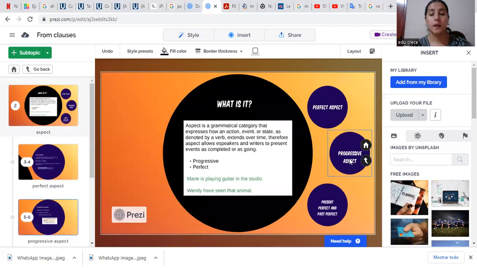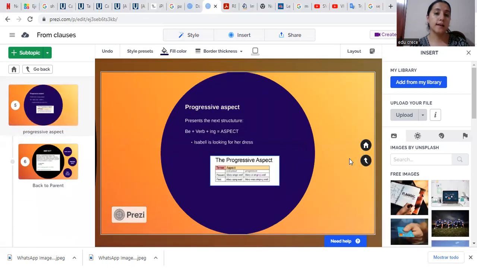The next is the progressive aspect. Progressive aspect represents when the action is happening in continuous form. The structure is be, verb plus -ing.